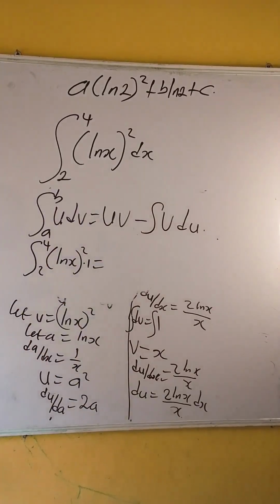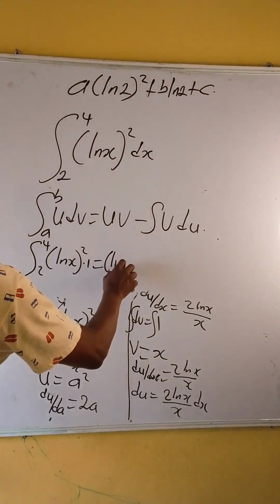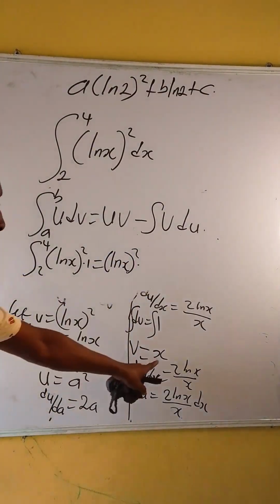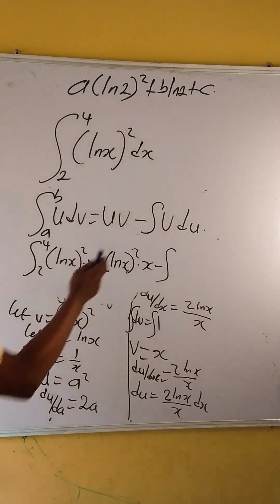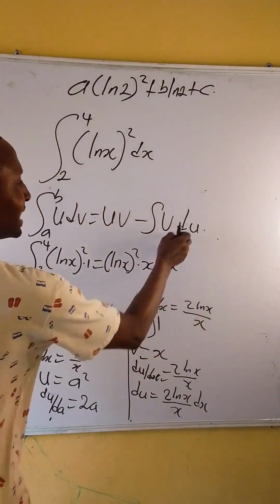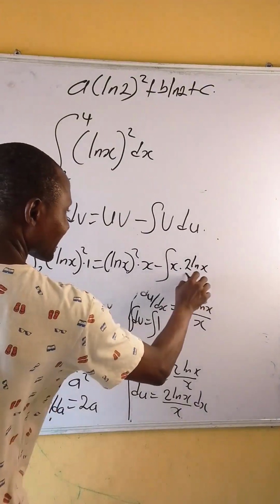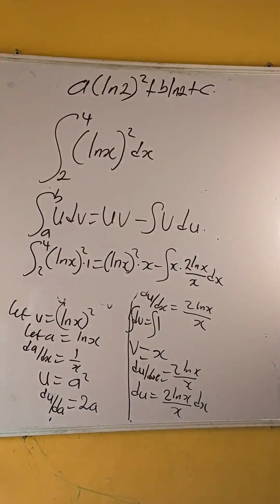Our u is ln x squared, and our v is x. So x minus the integral; your v remains your x, right? Du is 2 ln x over x, then you have your dx. Can you see that? We'll fix that.